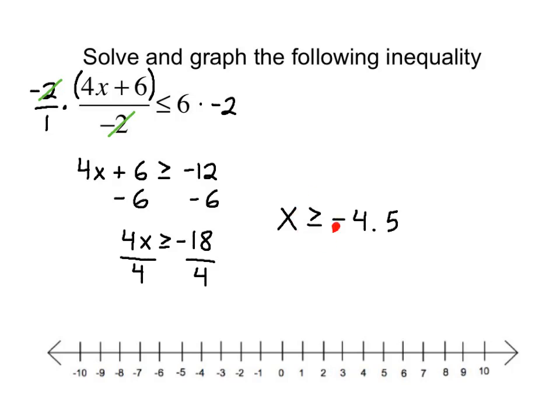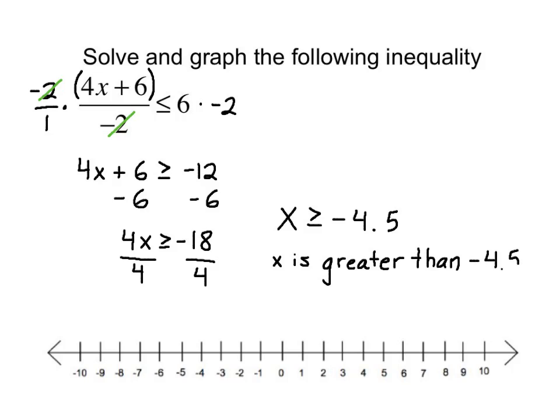The inequality is pointing to the right to the negative 4.5, that implies that this is really saying that x is greater than negative 4.5.